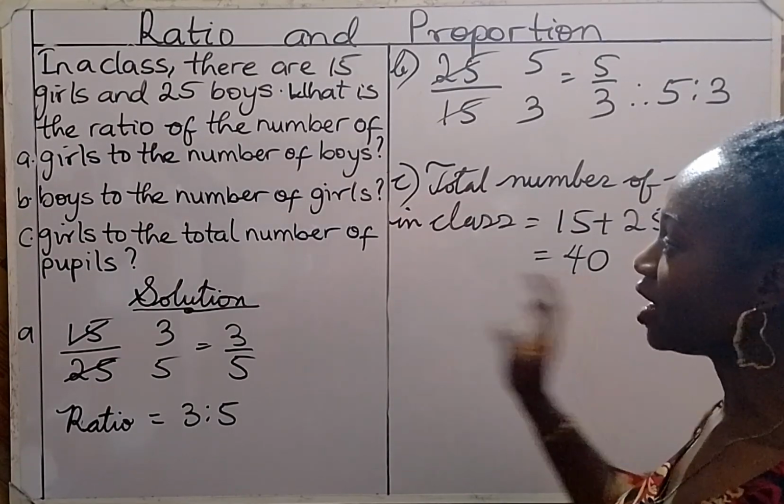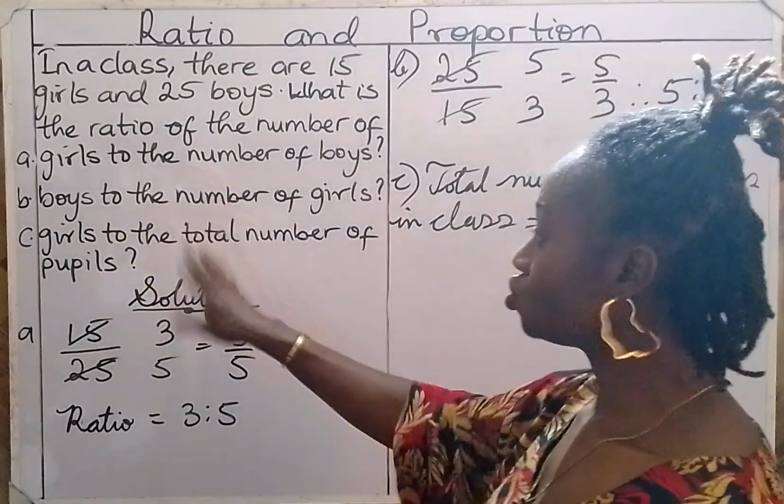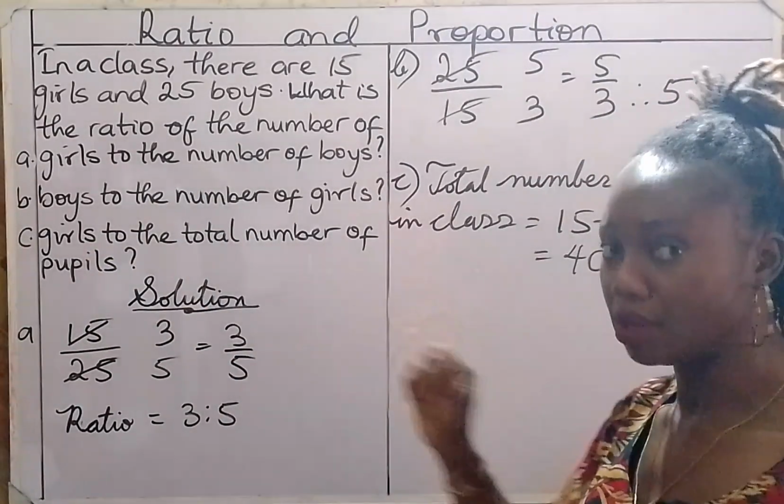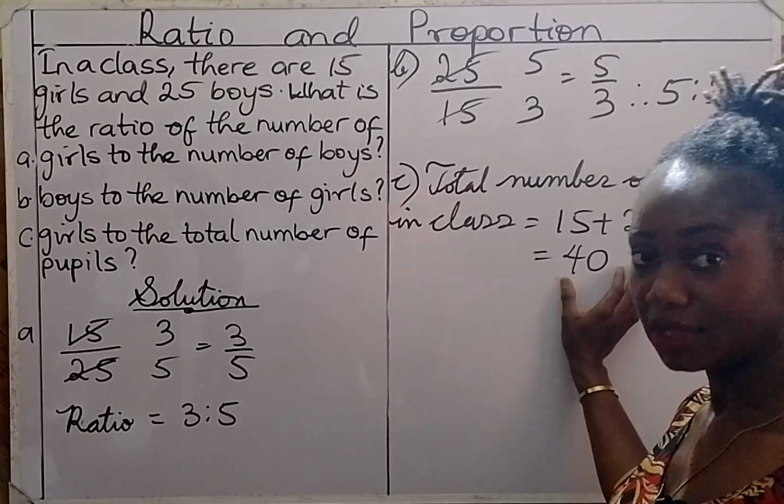But this is not the end of the question, right? We are asked to find the ratio of the total number of girls to the total number of pupils. So we already figured out the total number of pupils we have in the class, right?